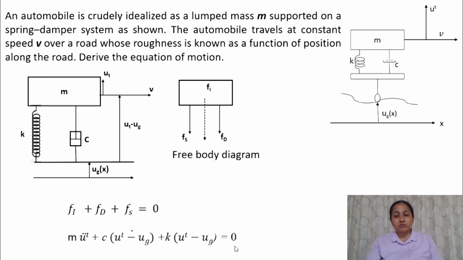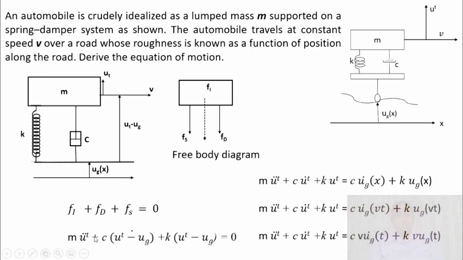So now we can rearrange these terms. So m ut double dot plus c ut dot plus k ut is equal to, take these terms onto the right hand side, that would be c ug dot plus k ug, and it is given that ug is a function of x.